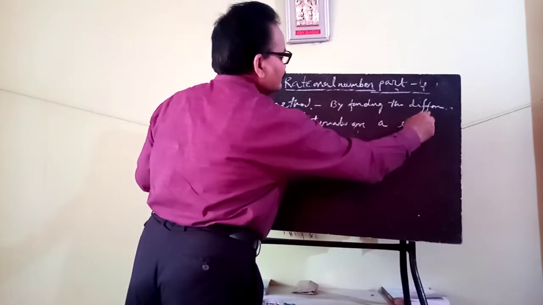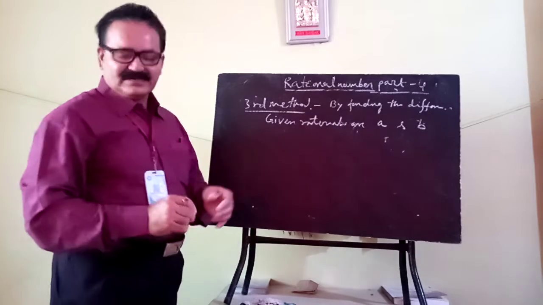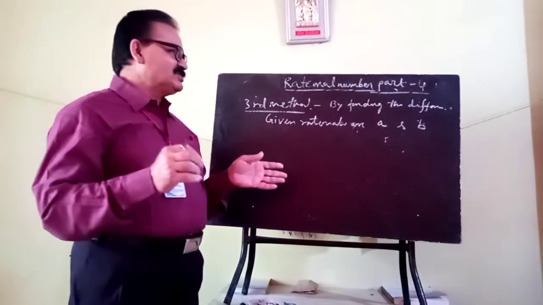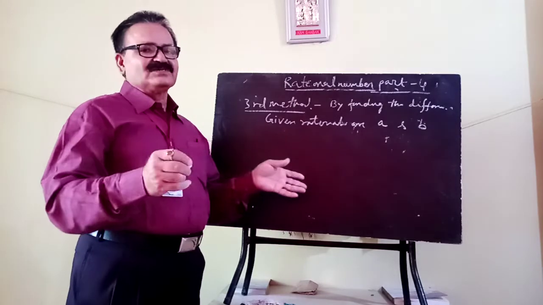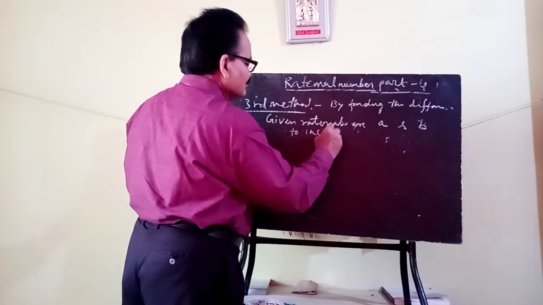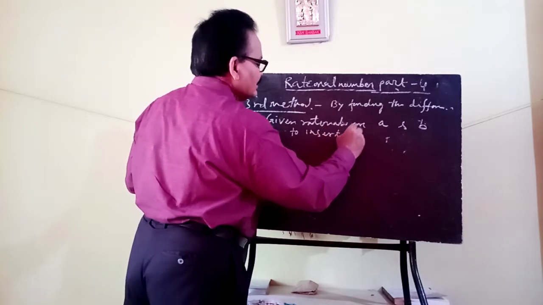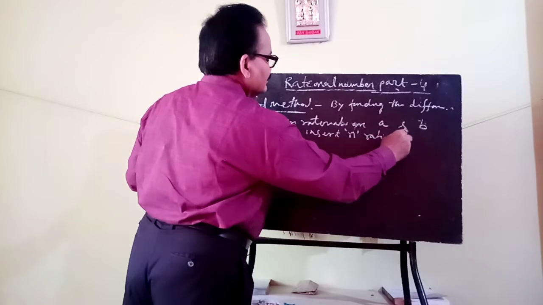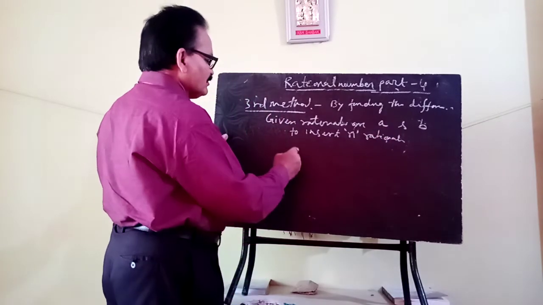A and B. Okay, you have to find out, suppose you have to find out n rationals to be inserted. To insert n number of rationals, you first find out the difference.